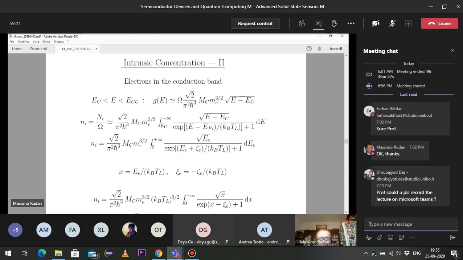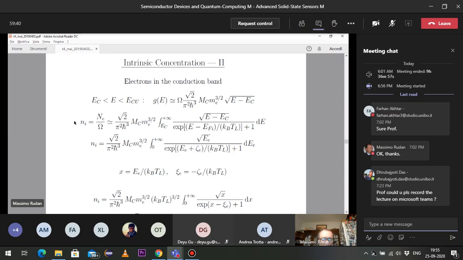The density of states in energy, remember, is the volume of the crystal times some constant. M_C is the total number of minima of the conduction band. m_e is the average effective mass, and the kinetic energy is E minus E_C. This goes under the square root.